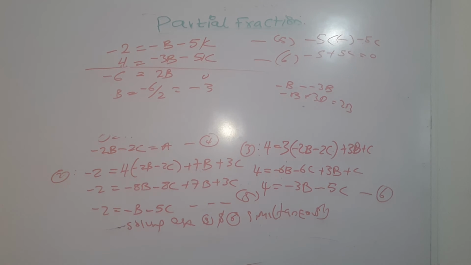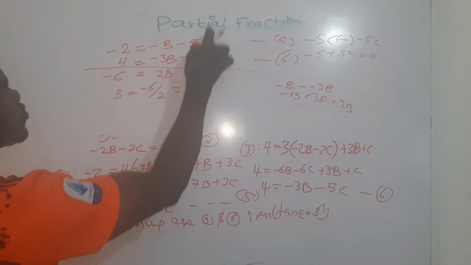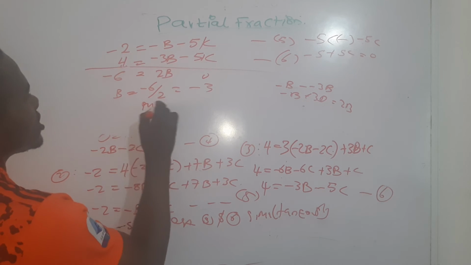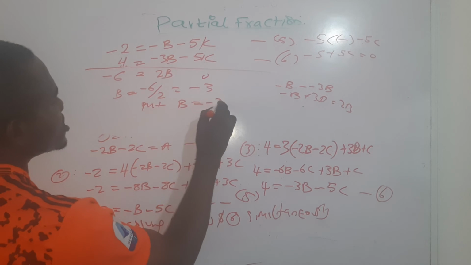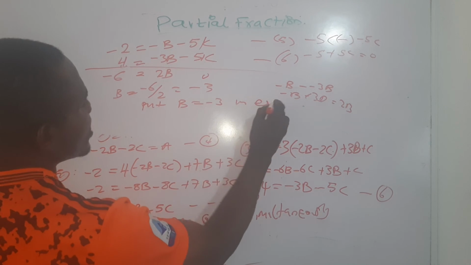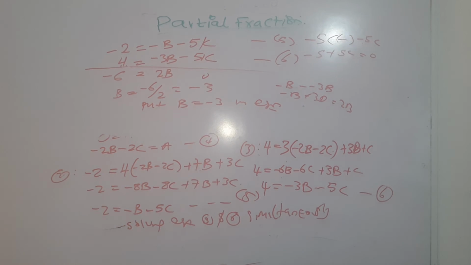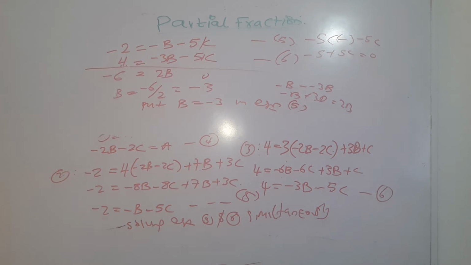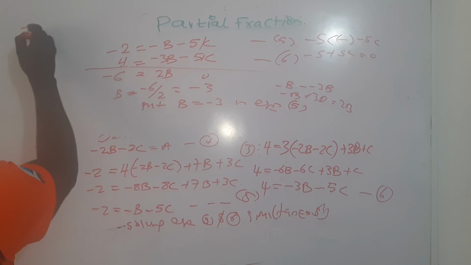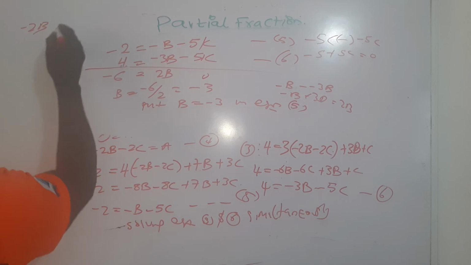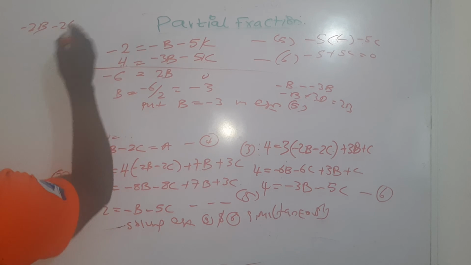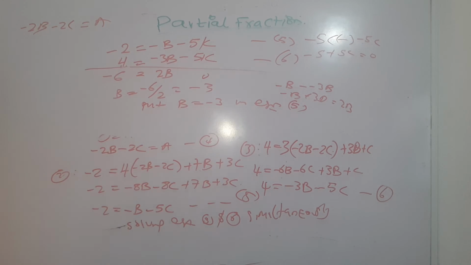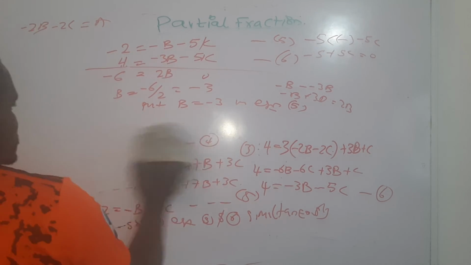Now I can put b equals minus 3 in either equation, and we'll pick the simpler one between 5 and 6. Let's use equation 5. Let me write equation 4 somewhere, minus 2b minus 2c equals a, because we are going to use it very soon.